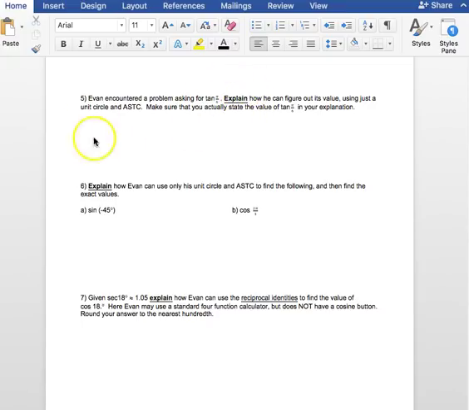You have to actually write some sentences here describing how to find this value. Make sure that you actually do state the value. So what does the tangent of pi over 6 equal? Again, it needs to be an exact value, not a decimal, because he cannot use a calculator, only the unit circle and ASTC.